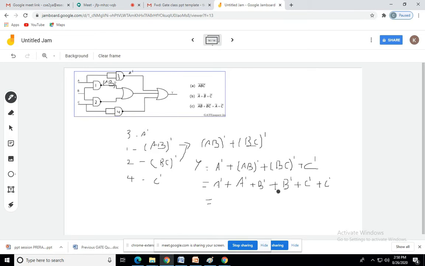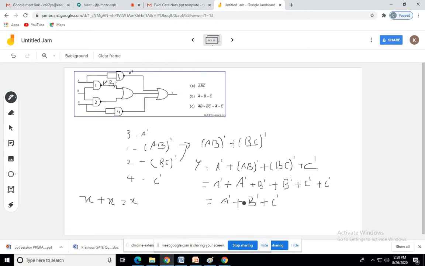So we have to simplify this. By simplification, we can get A dash plus A dash is A dash, B dash plus B dash is B dash, C dash plus C dash is C dash. How does this come? We have a Boolean law, X plus X is equal to X. If it holds for X, then it is the same for A dash plus A dash, B dash plus B dash, whatever it is.